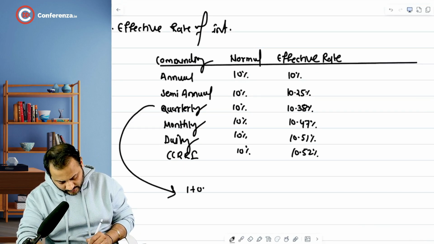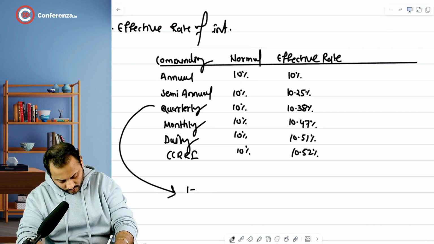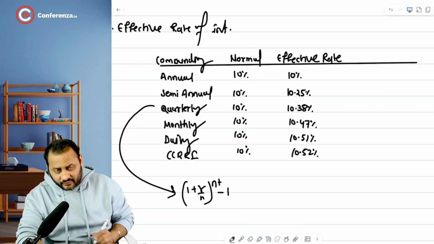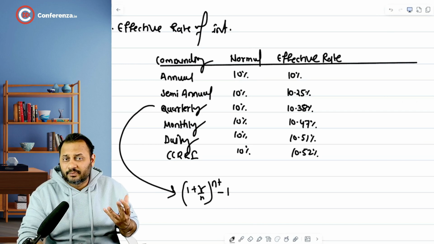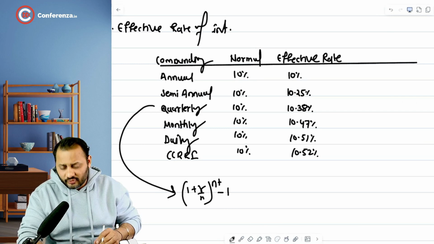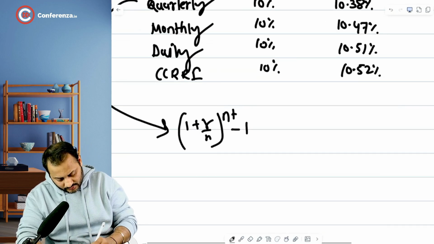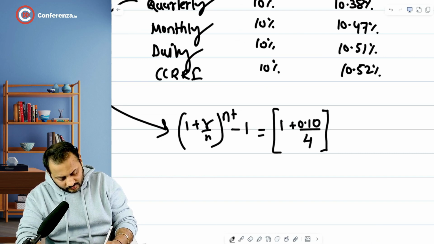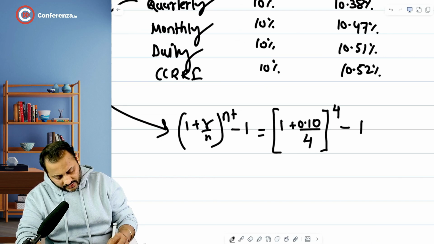I will keep the formula first: 1 plus r divided by n to the power nt, and then deduct 1, because we don't want the principal. We are calculating the rate of interest only. So 1 plus 0.10 divided by 4, because the compounding is 4 times, number of compounding is 4, 1 year, minus 1.